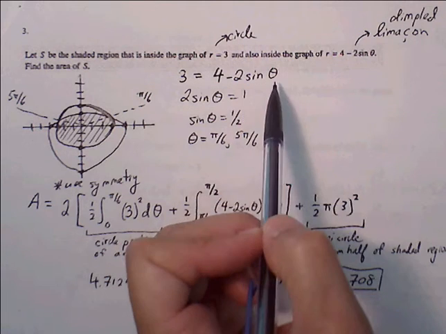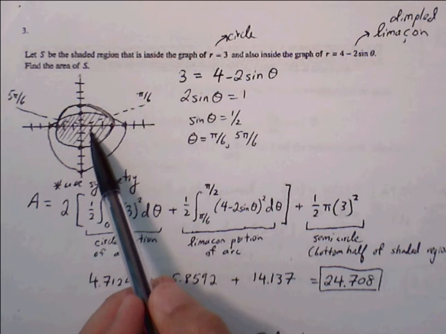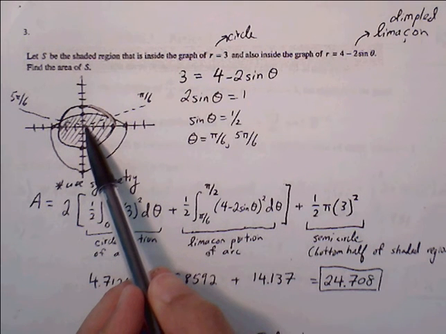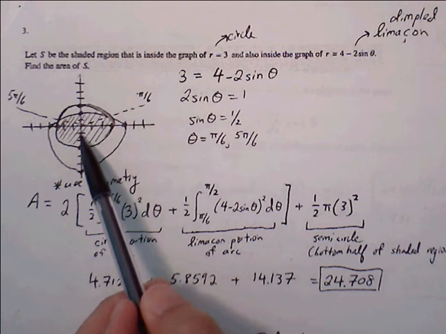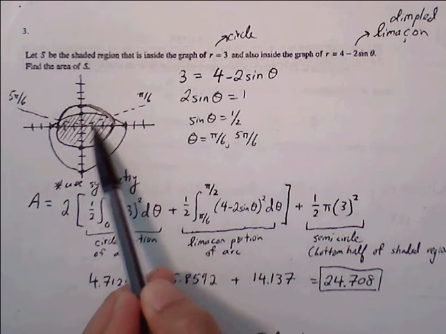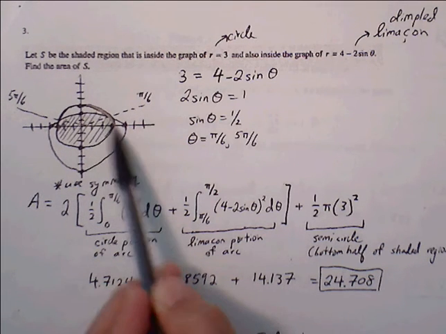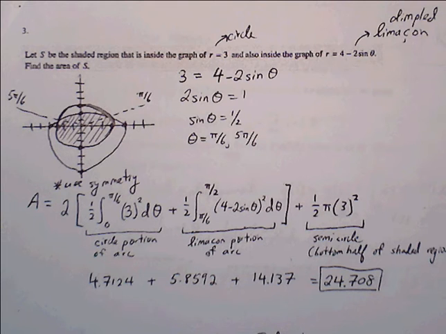So the area of this region is inside the circle, and also inside the limaçon. All right, so remember that when we're dealing with area of a polar region, the area is found by building these pizza wedge sectors from the origin out towards whichever boundary graph that we choose.